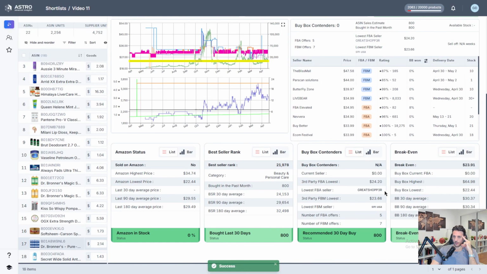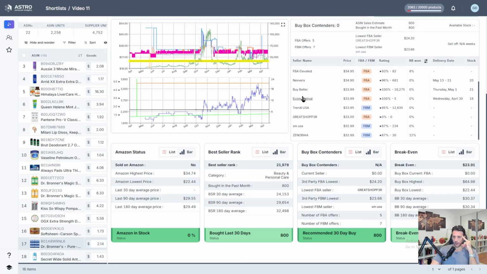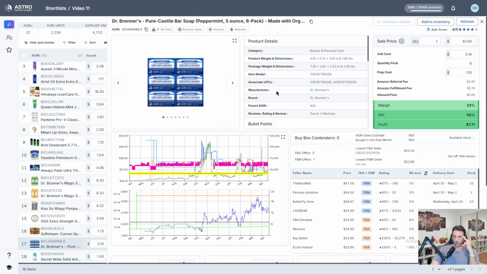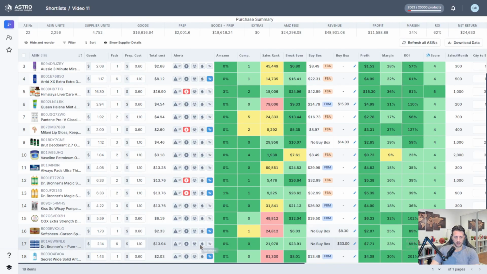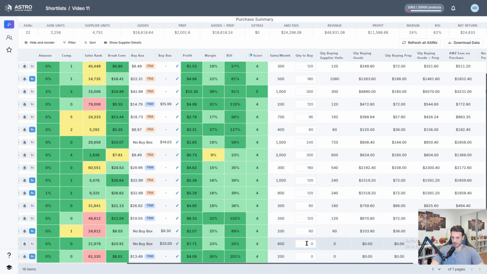So quite a bit of profit. Definitely not 800 sales. You'll probably be going up against around 3 or 4 different sellers. Wouldn't buy too many of these, maybe 60, maybe 120 units of these. Still very profitable. Yeah, 120 of these, and it's a solid product.